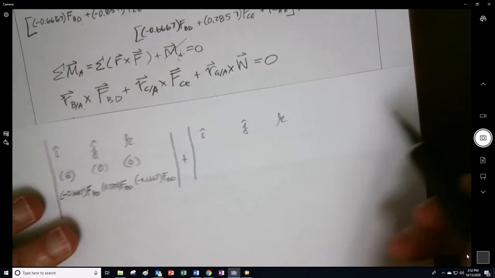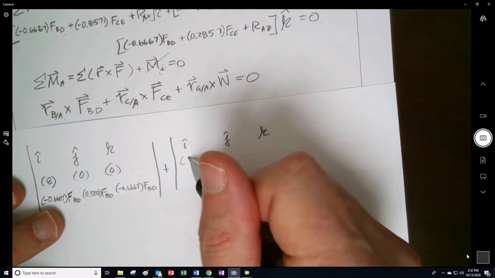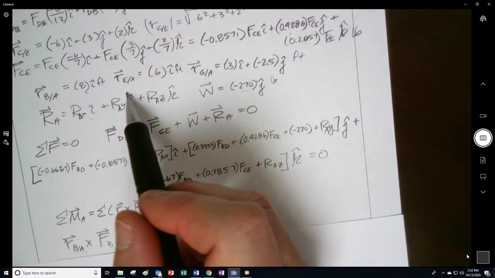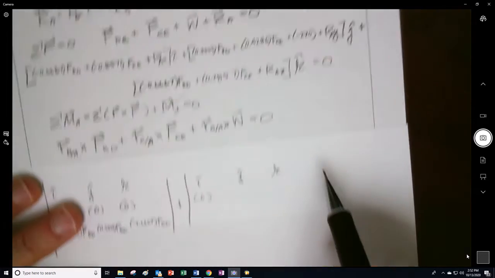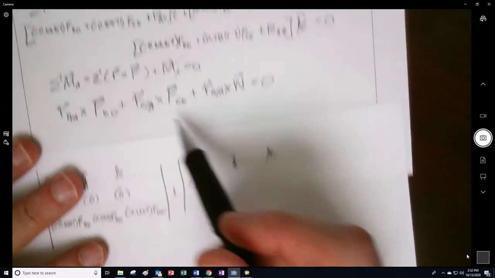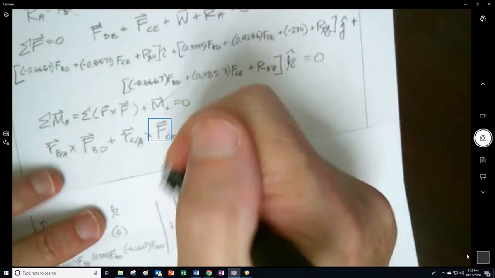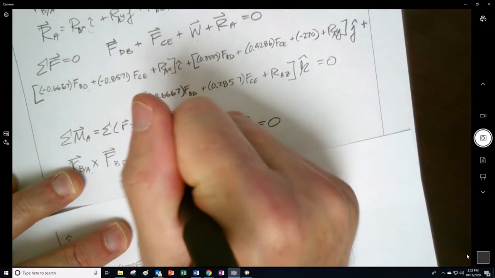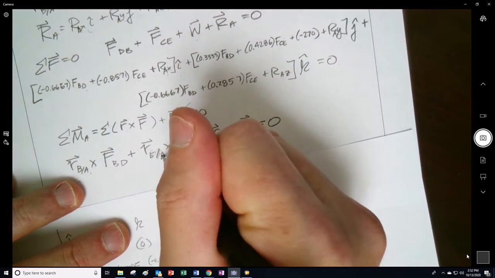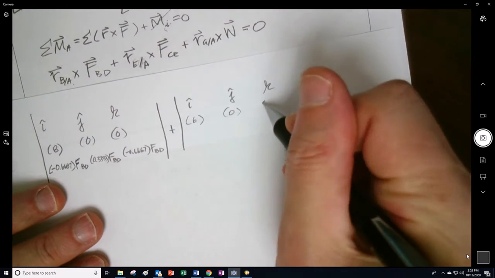I'm going to try to cram it in. And that one is 6, right? That was the rE with respect to A. E with respect to A. And so there you go.